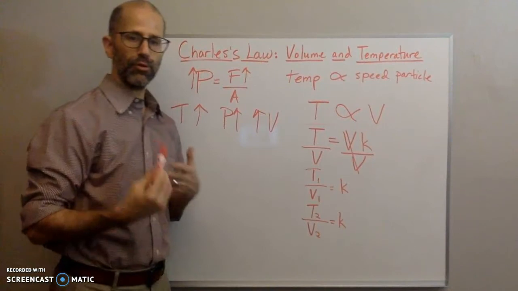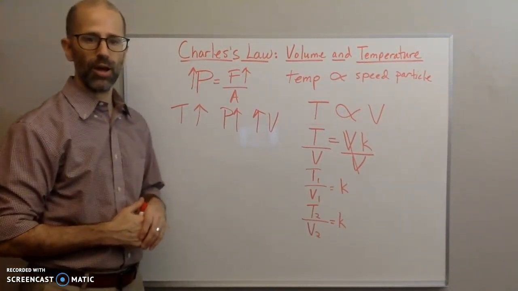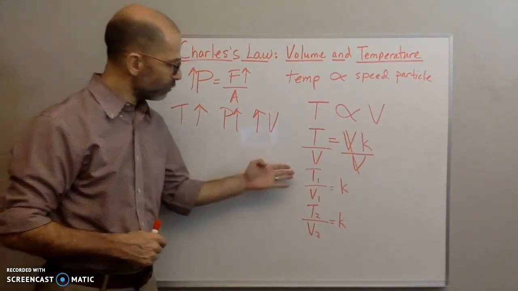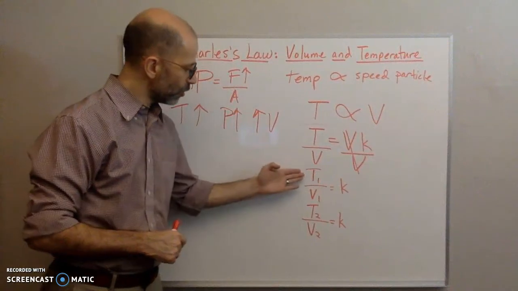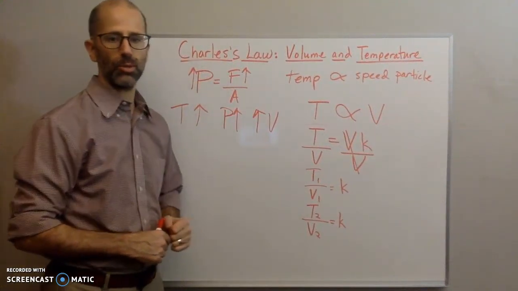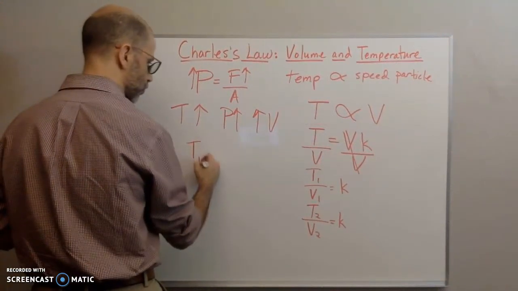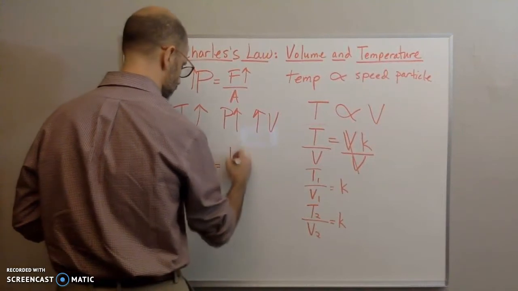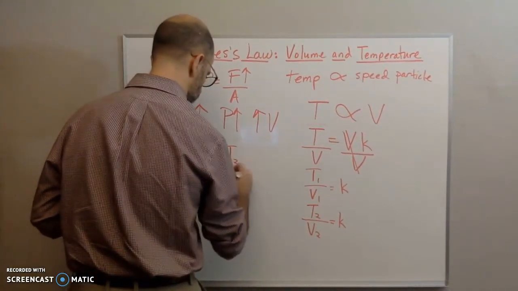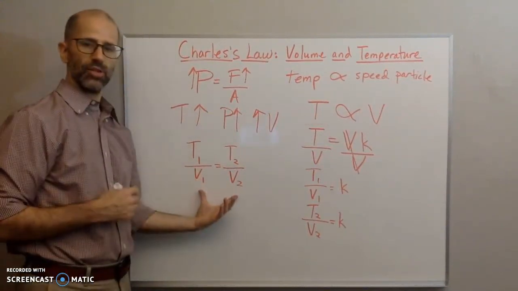And that is going to be equal to K as well. If you remember from the logic lesson, or from when we were talking about Boyle's law, if you have two things that are equal to the same thing, those two things have to be equal. So if we set them equal, we have T1 over V1 equals T2 over V2. And this is Charles's law.